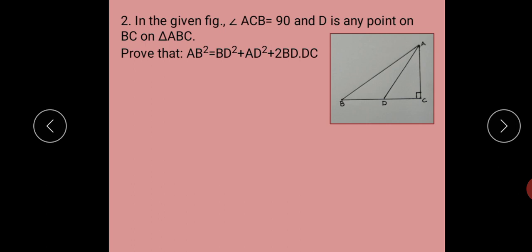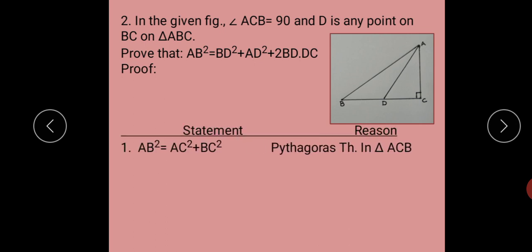Well, on the left hand side once again, it is the hypotenuse AB. So we'll apply the Pythagoras theorem in right triangle ACB and we'll get AB square is equal to AC square plus BC square.